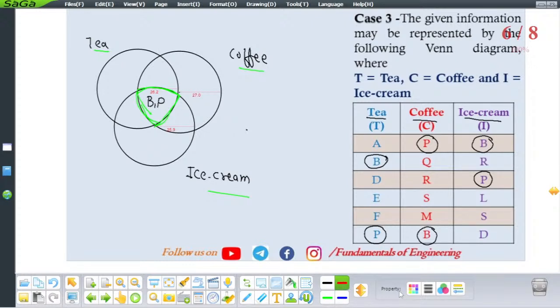Now we have different areas. You can see here, this is common in tea and coffee, but also ice cream. This will be the area showing the persons who like to drink both tea and coffee.